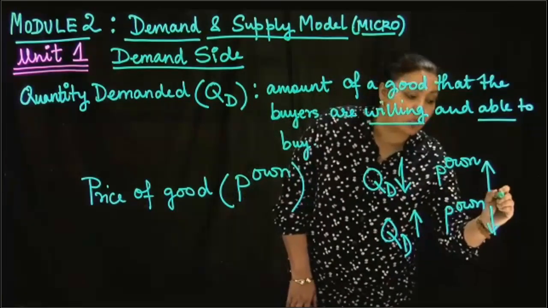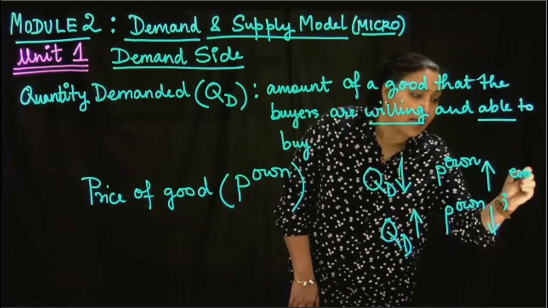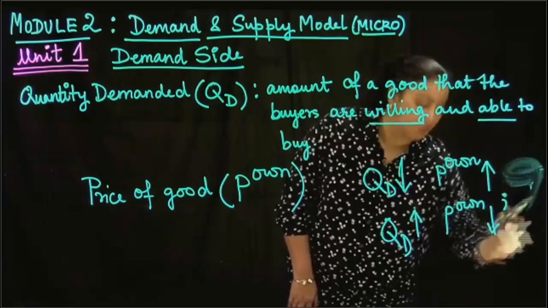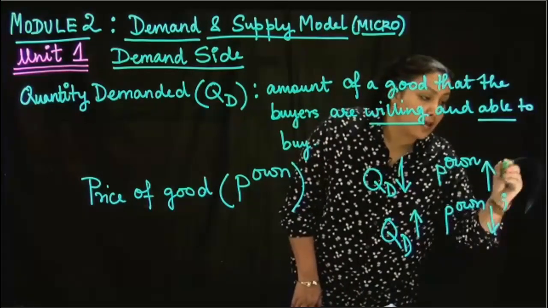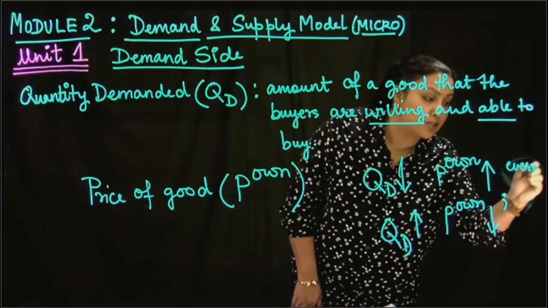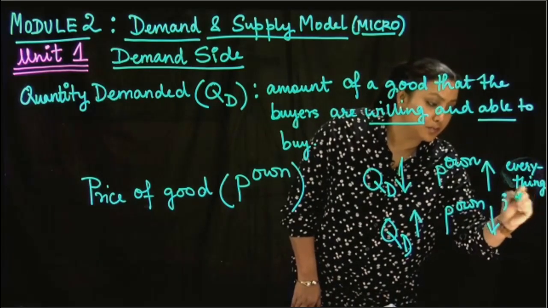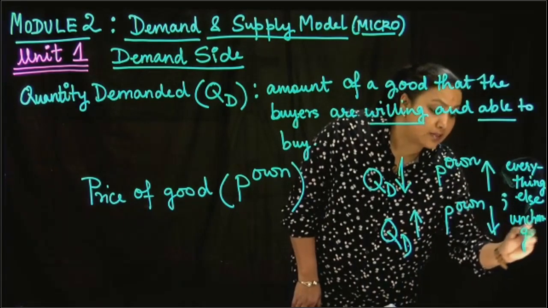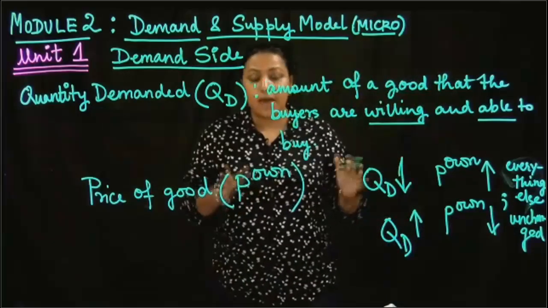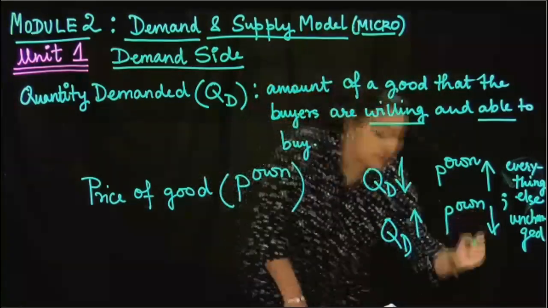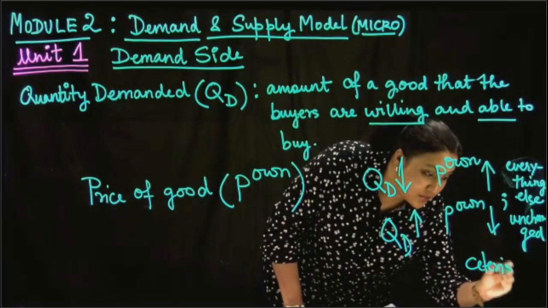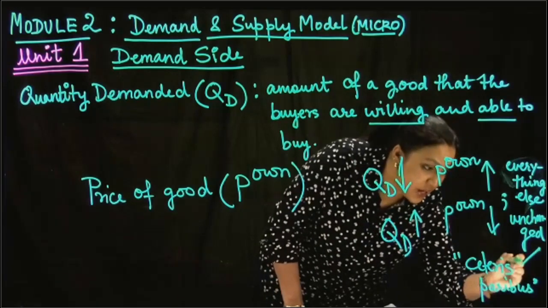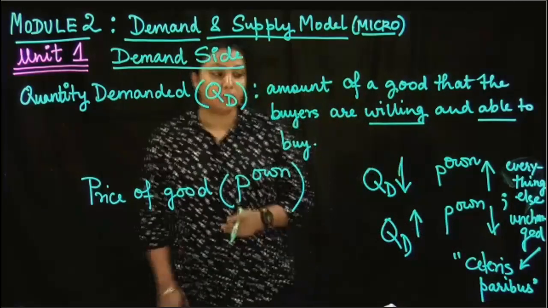Now this relationship is true given that everything else in the market stays constant. By constant, I mean unchanged. Nothing else in the market changes. Everything else remaining unchanged is also called the ceteris paribus condition.